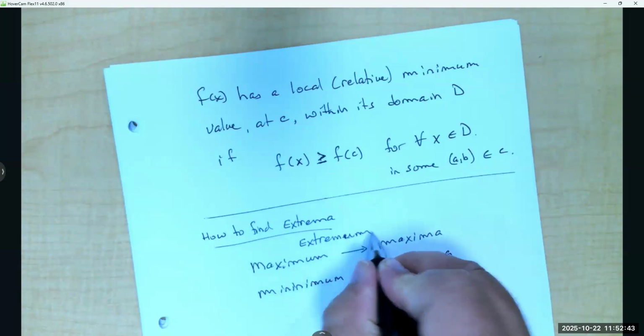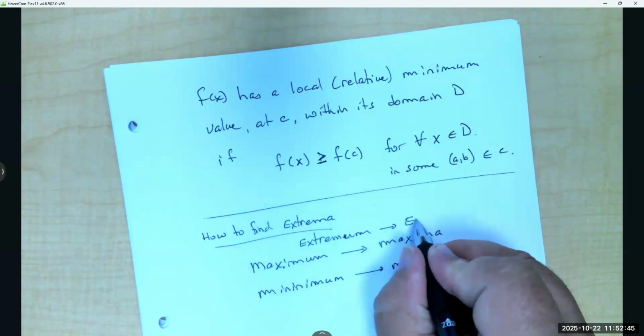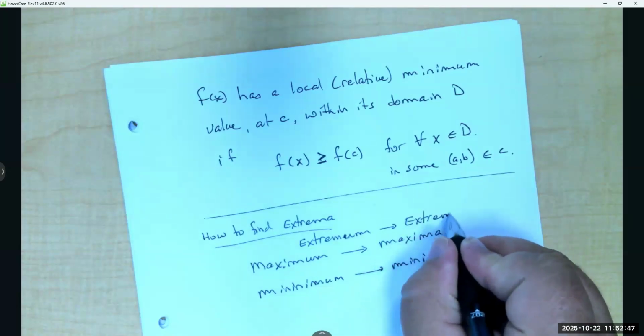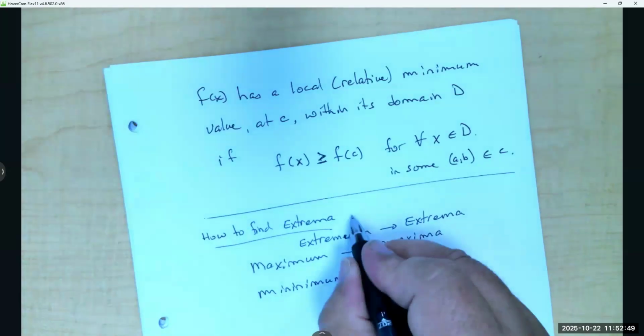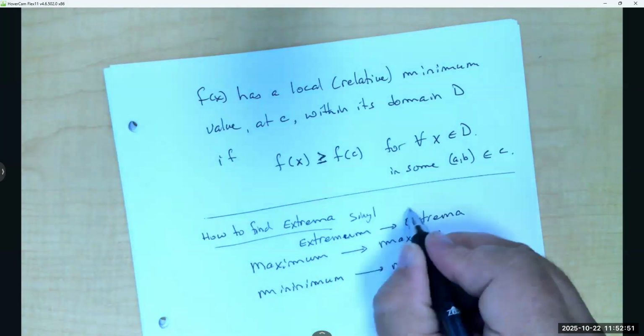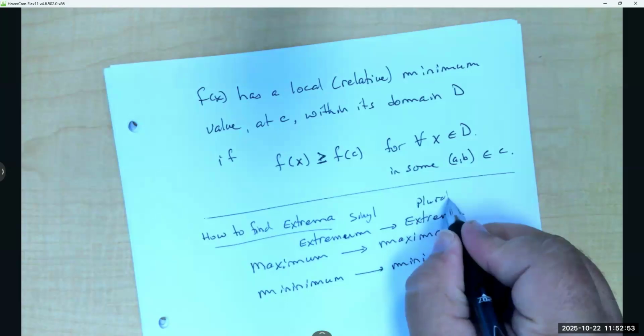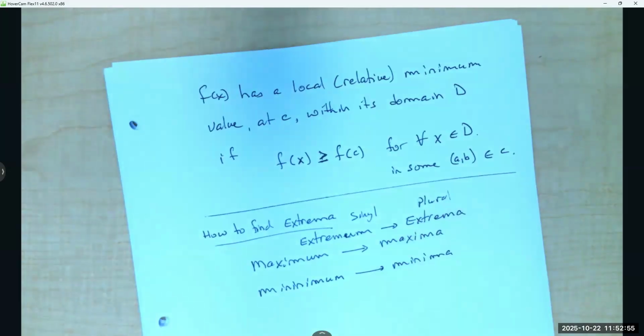Extremum going to extrema. This is singular. This is plural. So when you say maximum, it's singular. When you say maxima, it's plural. When you say extremum, we're talking about singular, only one value. When we say extrema, that means it could be multiple of them.